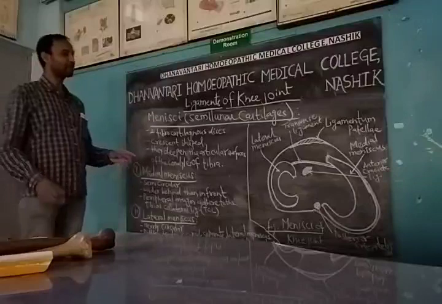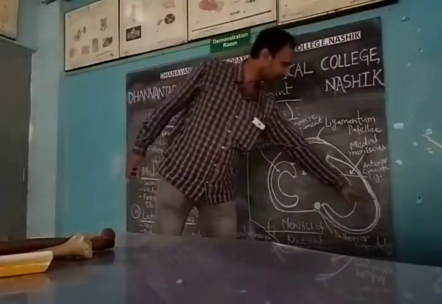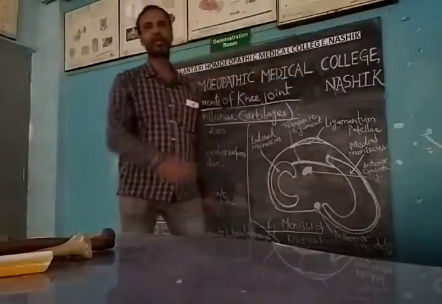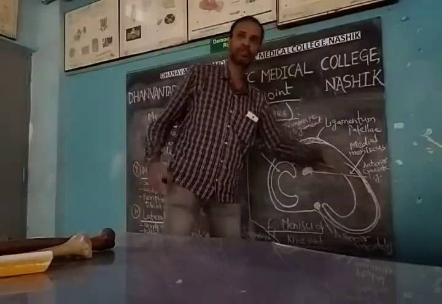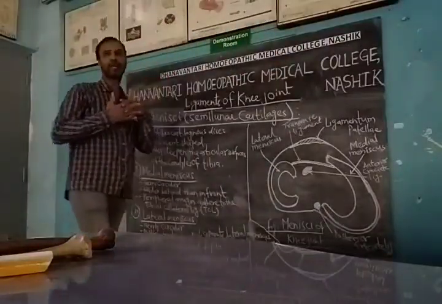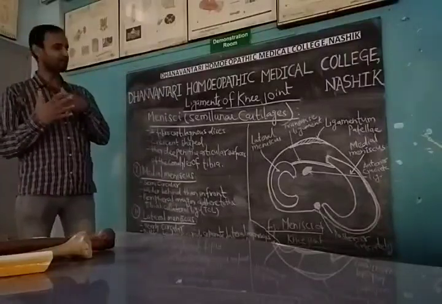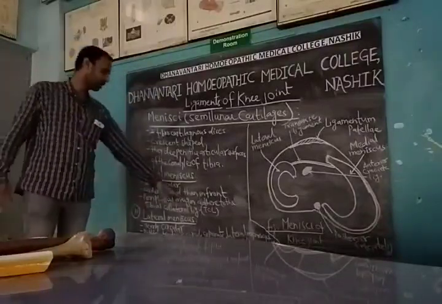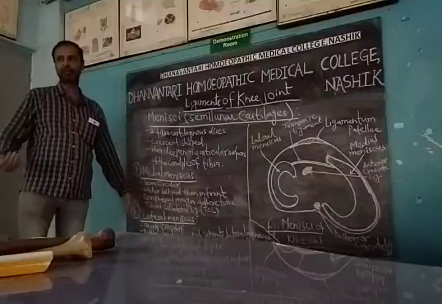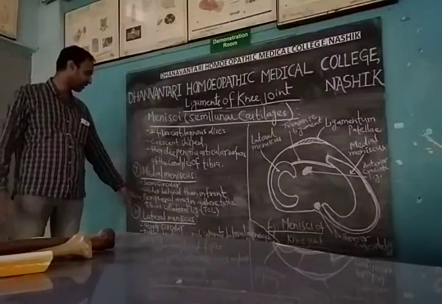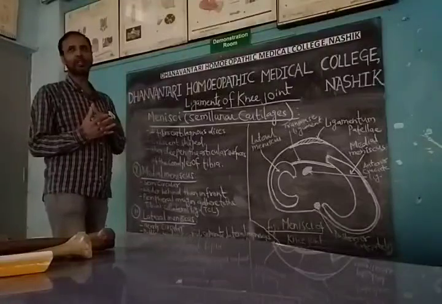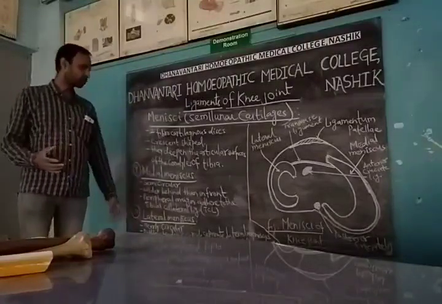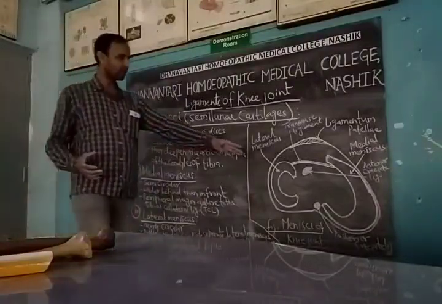Then its peripheral margin, as we have already seen with the medial collateral ligament, is attached to the medial collateral ligament. The medial collateral ligament is also called the tibial collateral ligament. So this peripheral margin adheres to the tibial collateral ligament.